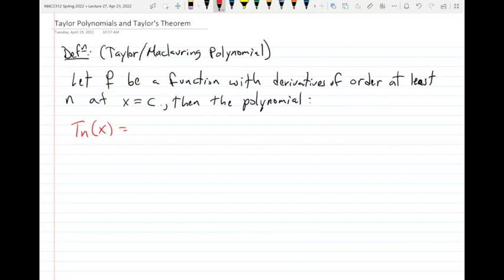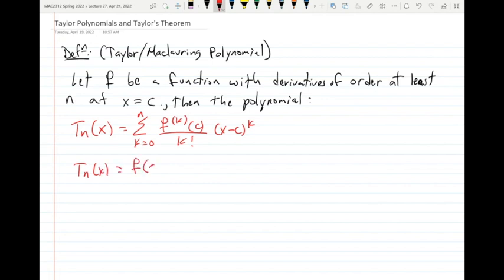But if you read the book, you will see P instead of T. So then the polynomial Tn of x, this is exactly the same thing as the Taylor series formula. It's just that we're going to begin at 0 and stop at n instead of going to infinity. But then it's the same thing. Sum of f^(k) at c over k factorial times x minus c to the k.